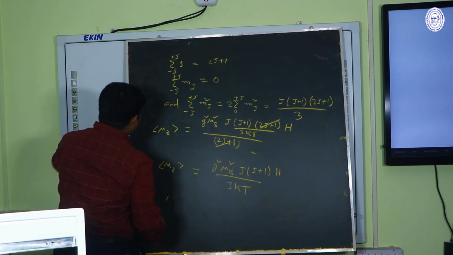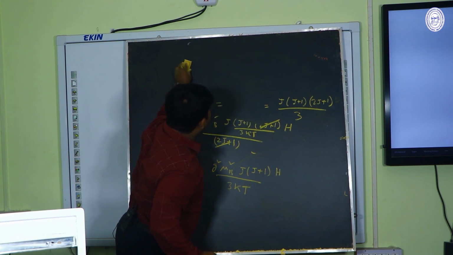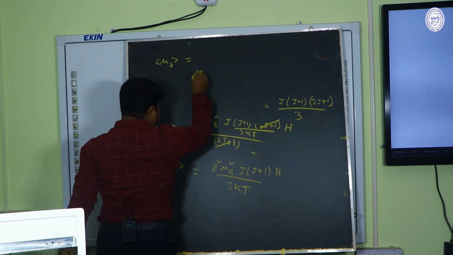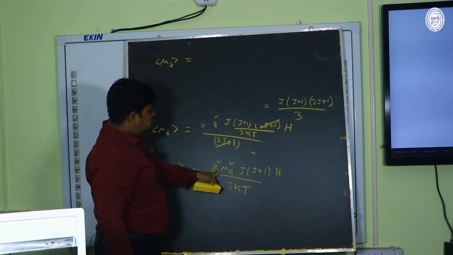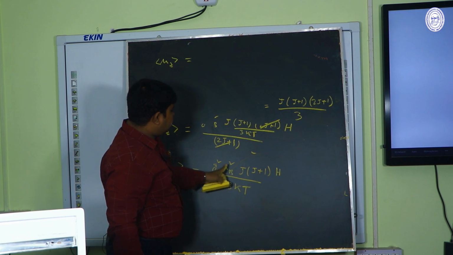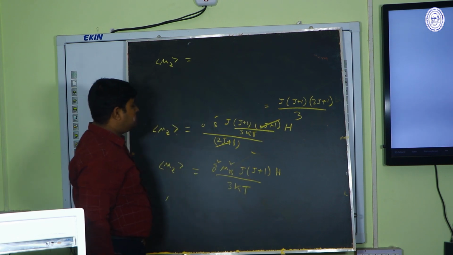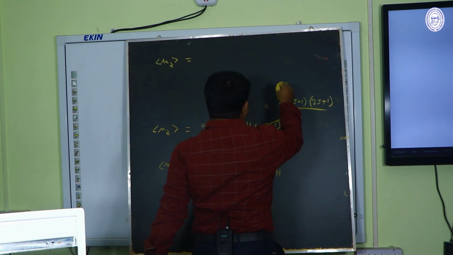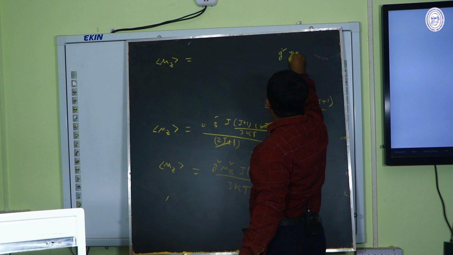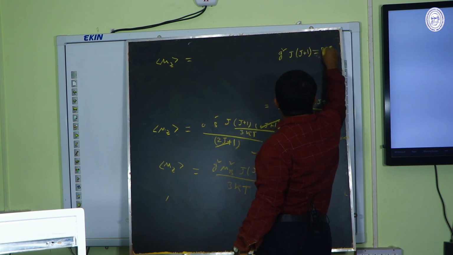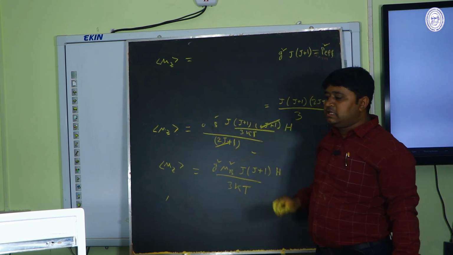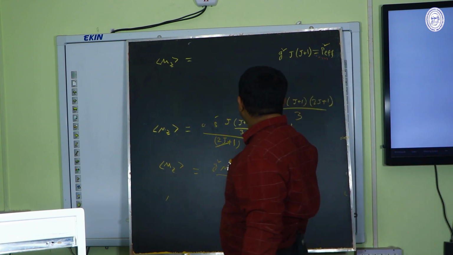Or mu z average is equal to g square j into j plus 1. Suppose g square j into j plus 1 is equal to p effective whole square, where p effective means the effective number of Bohr magnetons.